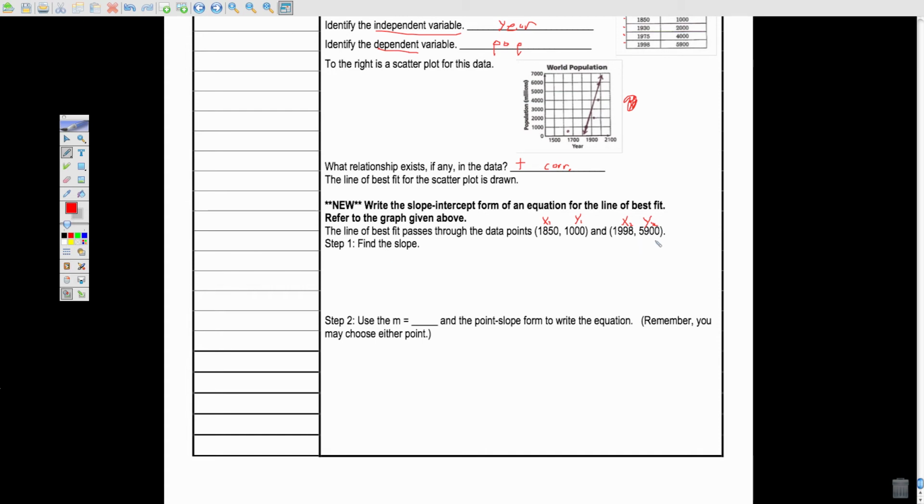All right, and it says find the slope. How do we find the slope? That's our slope formula: y2 minus y1 over x2 minus x1. Our y2 is 5,900 minus our y1 is 1,000. Put that over x2, 1998, minus 1850.